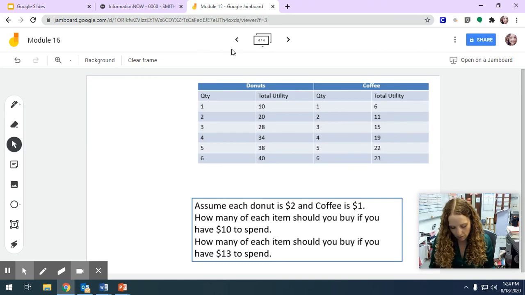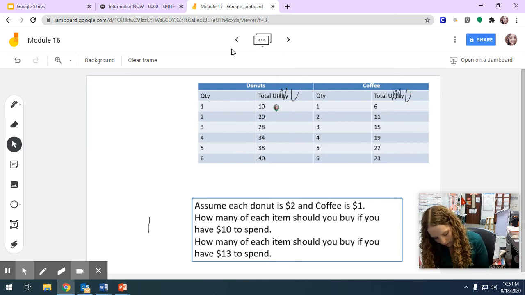All right, let's take a look at how we did here. So let me pull mine up. Here we go. All right, now. So the first thing that I'm going to do is figure out my marginal utility for each one. So I'm going to make myself a little column over here for marginal utility. That would be 10. And then as we go from 10 to 20, that's 10.